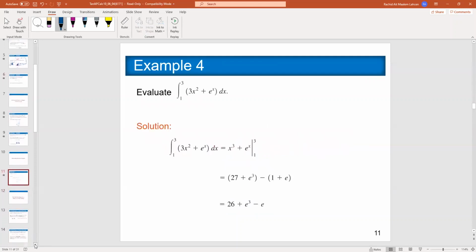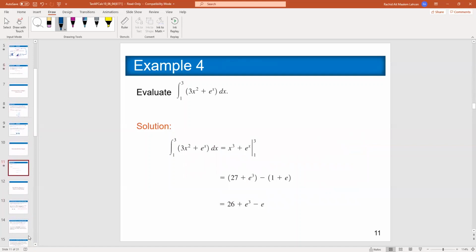So now that you know this fundamental theorem of calculus, you will add it to the indefinite integral and you calculate these. You just want to make sure that the function is continuous over the interval. So this 1 to 3, we can split into 2 different ones, and this one, the antiderivative is x cubed.